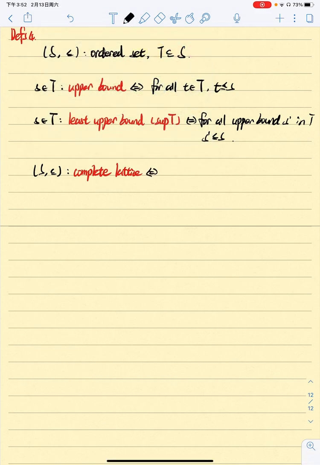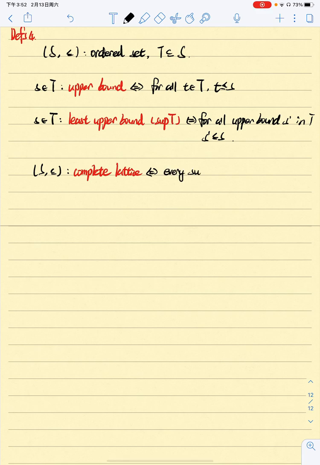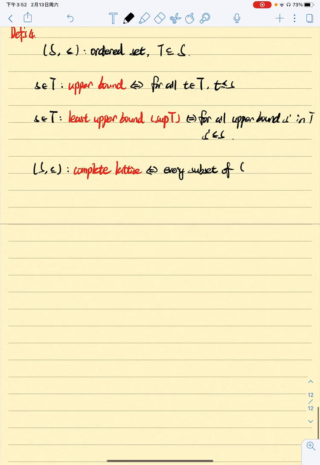Okay, here, not complement, complete, if every subset of S has an inf and a sup.